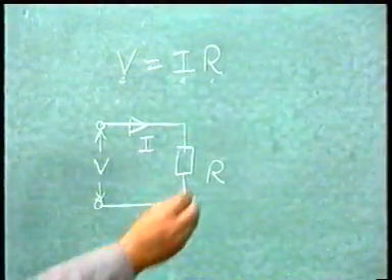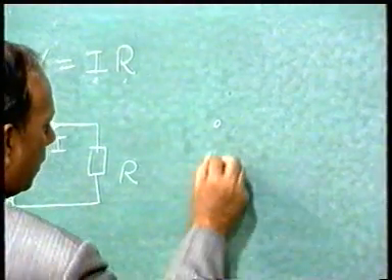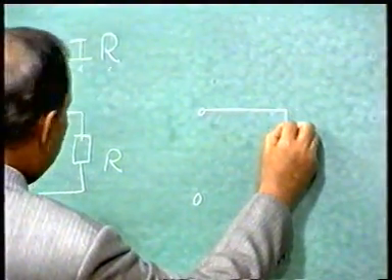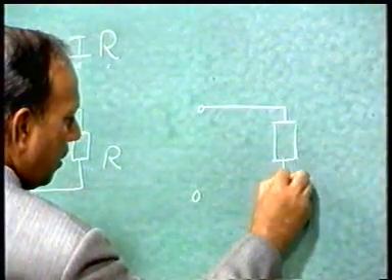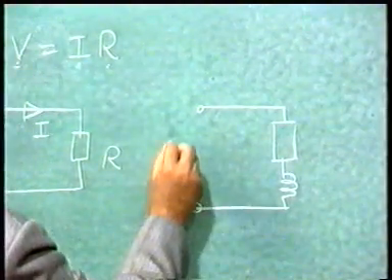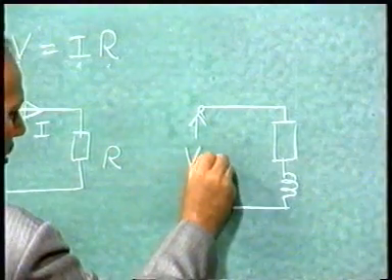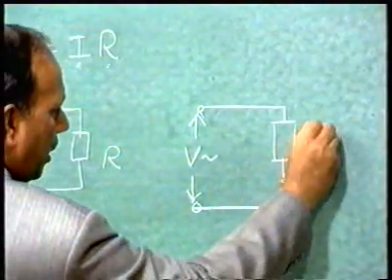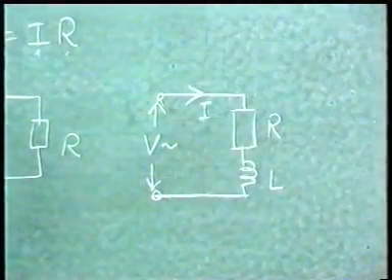Now I draw, say, a circuit with a resistance and a reactance. This is the circuit I draw, and a voltage, say V is here, R and L. Now what will be the equation?